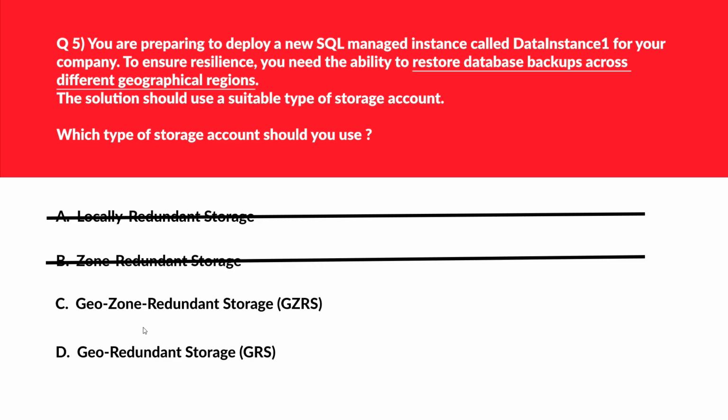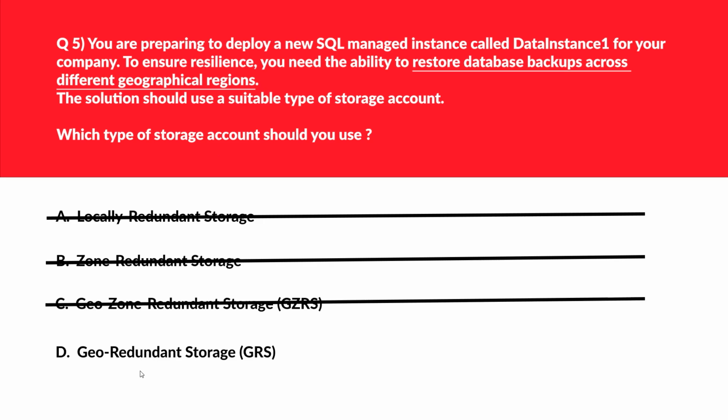Let's move to C. C says geo zone redundant storage, GZRS. Geo zone redundant storage replicates data across multiple zones within a single region, and provides some level of regional redundancy, but it is not the standard for cross regional backups that we require. Let's reject this. Let's move to D.